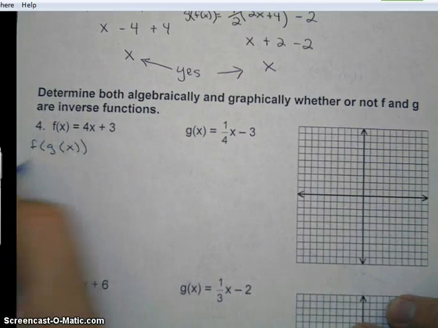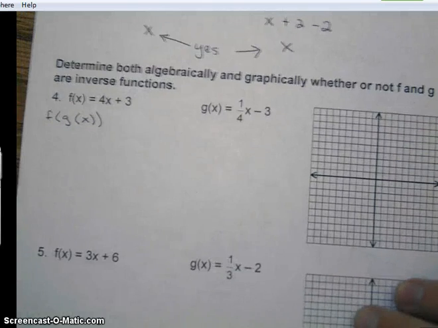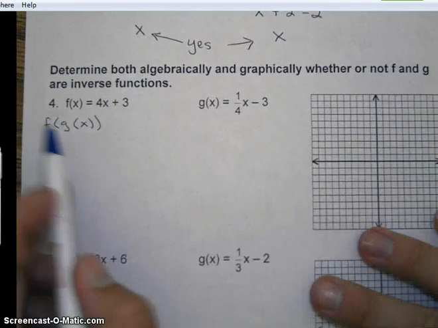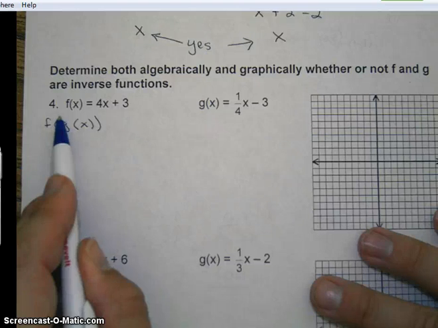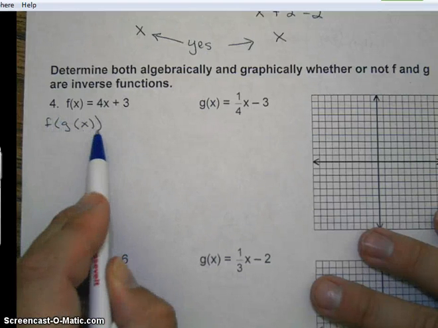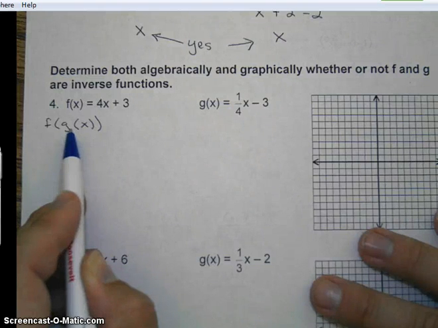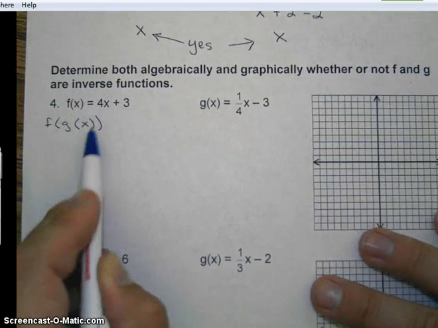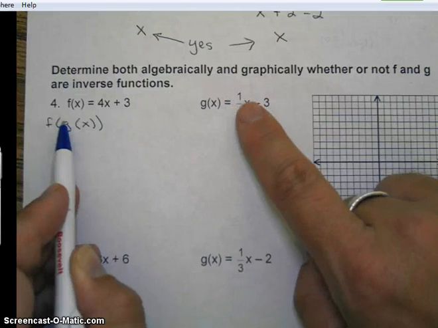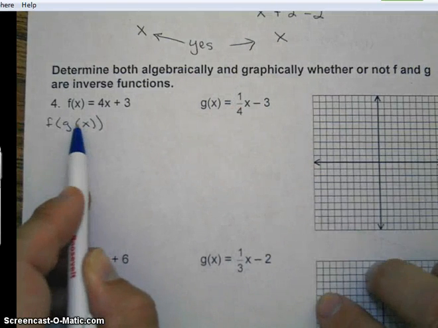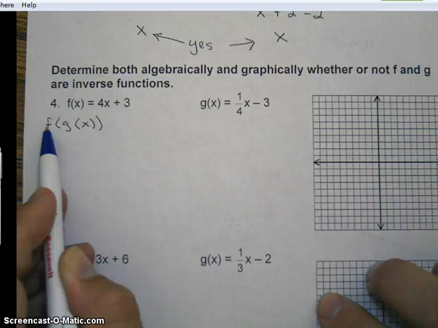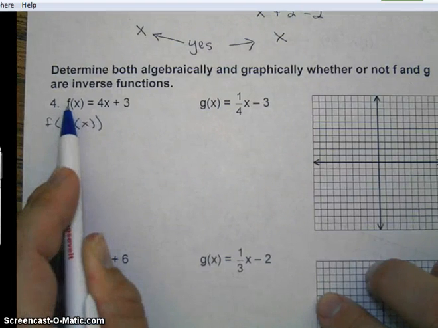I know the symbols can be confusing. Just remember that inside the parentheses for f is g, function g. So this function right here is going to go into function f, which is right here.